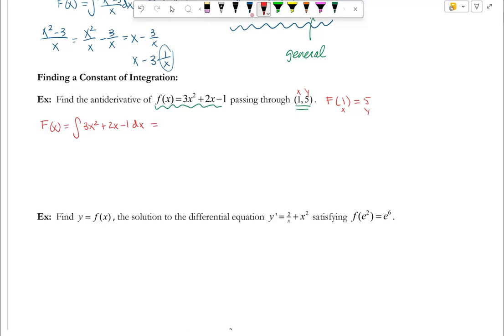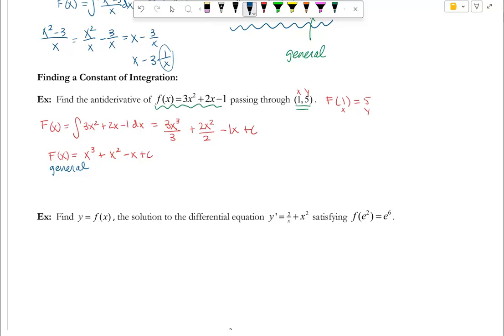So again, just using the rules we've learned, I'm going to take my 3x squared, add 1 to my exponent and divide by my new exponent. For 2x, I'm going to add 1 to my exponent, divide by my new exponent. When I get that minus 1, that constant, I'm going to multiply that by x, and then I'm going to pick up my plus c. So right now, I have that capital F of x is x cubed plus x squared minus x plus c.